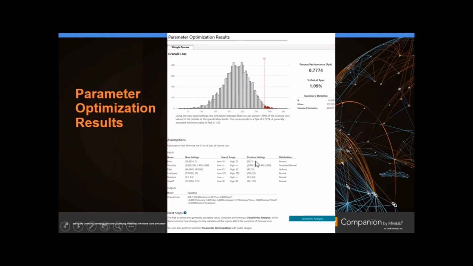So it's saying, if you change these factors from these settings to these settings, this is what I predict will happen. All you're doing here is running another simulation. After running through the optimization and finding some new settings, we just go ahead and run it for you to see if you like it. We run this simulation and now I predict about 1%. So a little bit better capability, not great, but about 1% of these items will be out of spec.